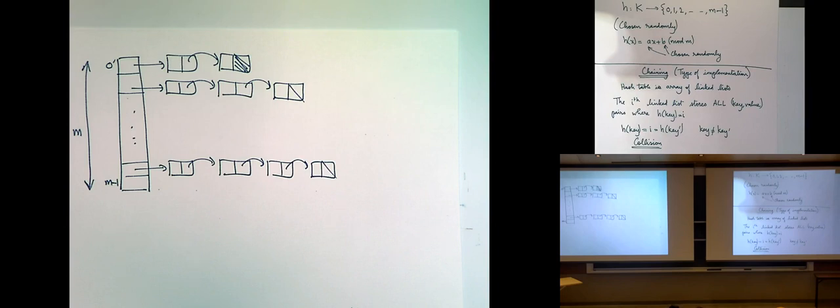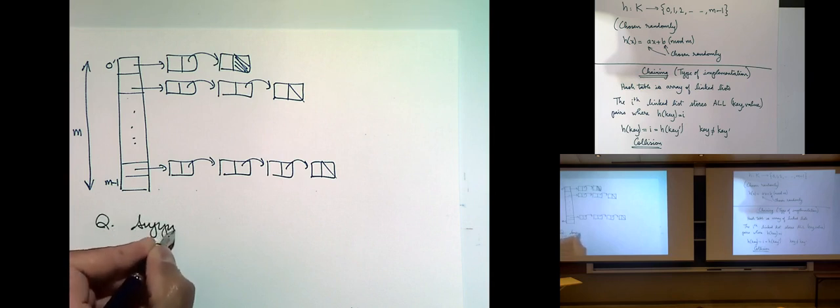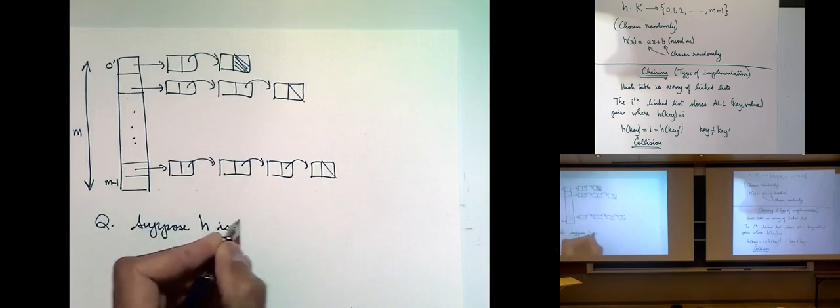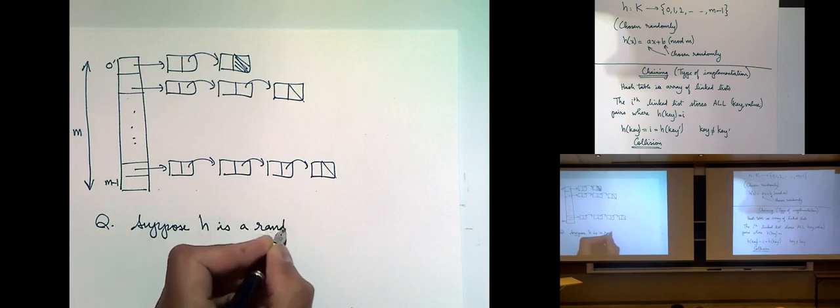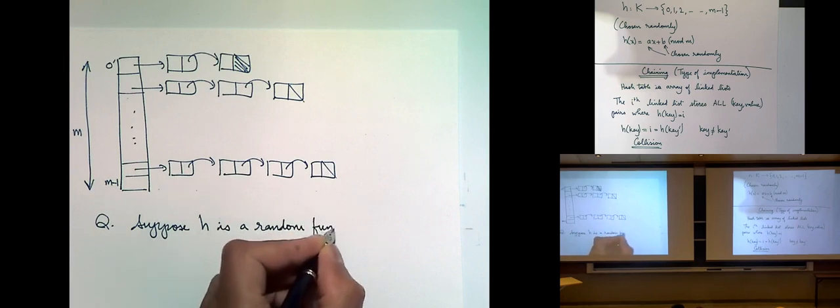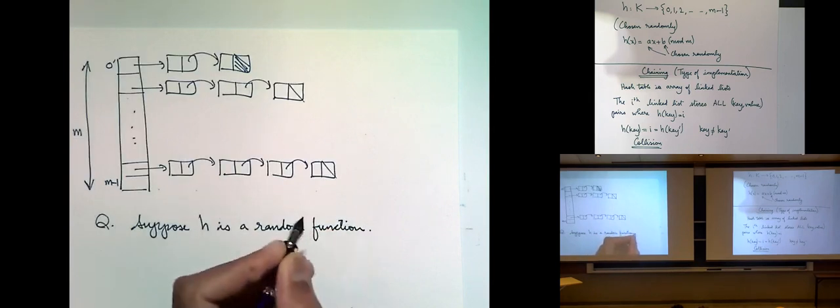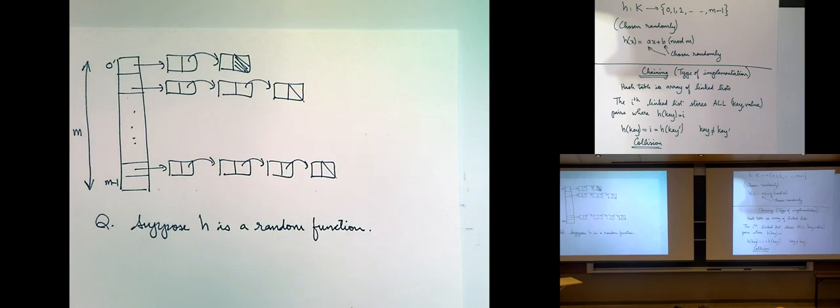Now let me ask you a question. Suppose h is a random function. The way to formalize this would be using probability theory, but you have some idea of what a random function would look like.